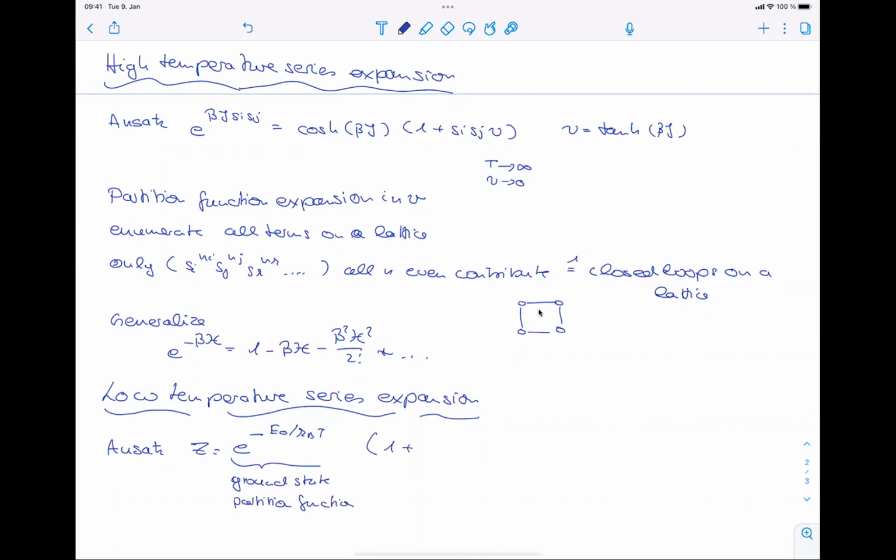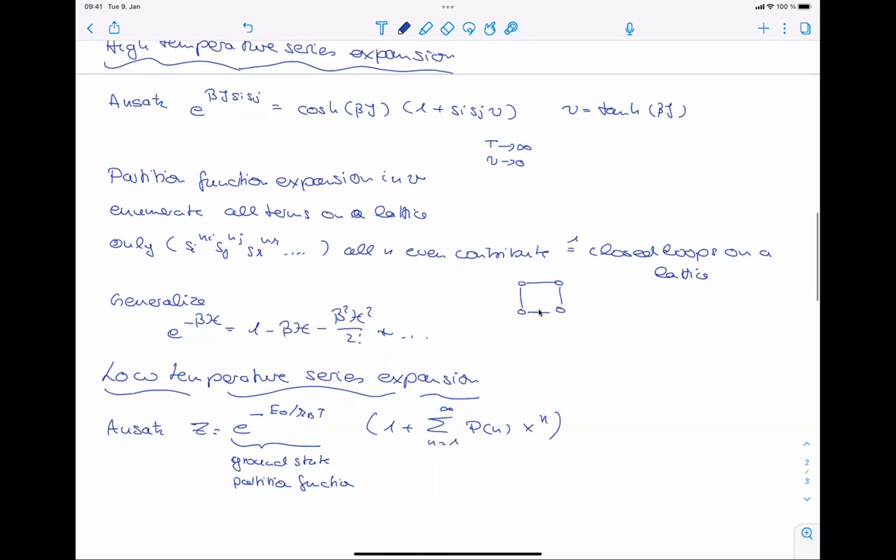And then I add perturbations to it by counting the probability and the energetic cost of spin flips.